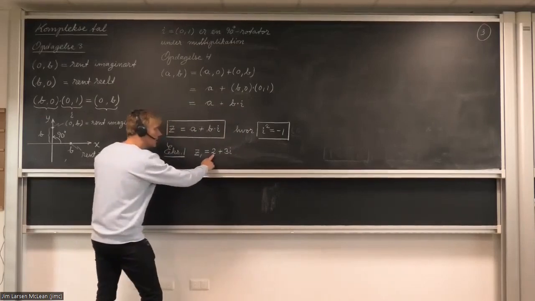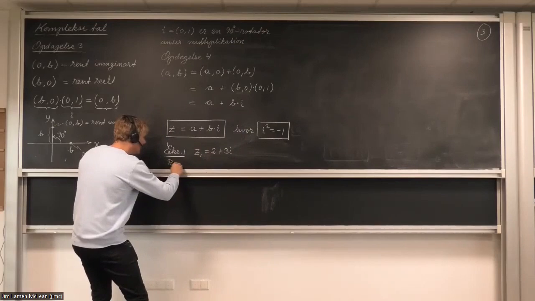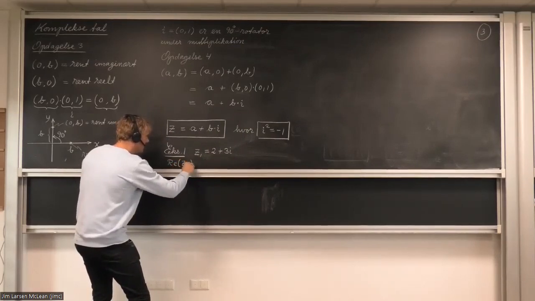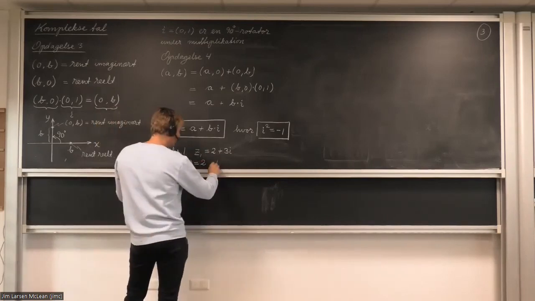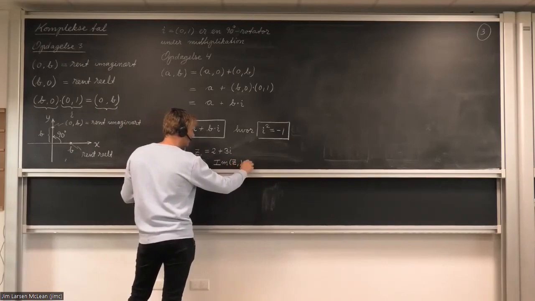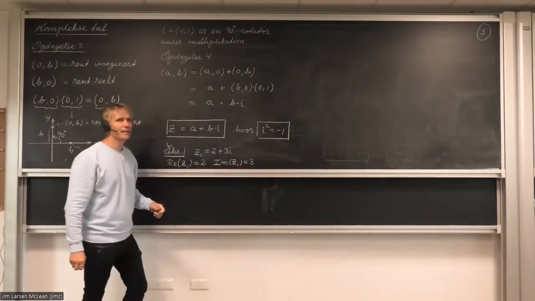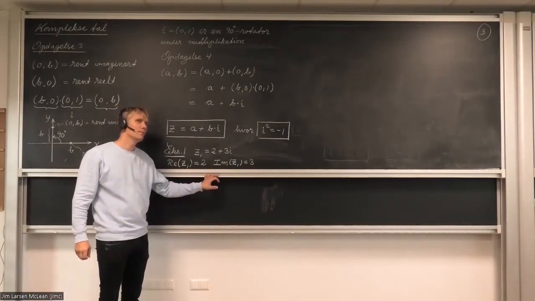The 2 is called the real part of z1. So you write it like this. The real part of z1 is 2 in that number. And the imaginary part of z1 is 3. Notice there's a trick here. And it's a question you might get in the oral exam.